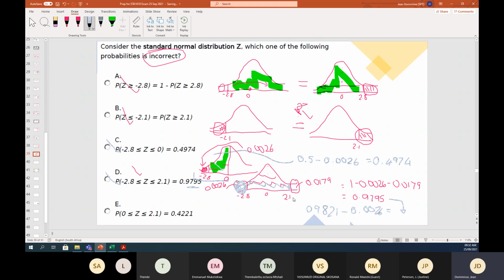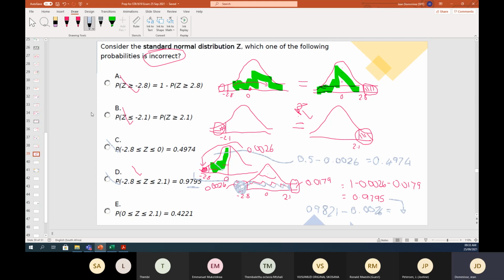But you can also say everything underneath a normal distribution needs to add to 1. So if I have that small part, I subtract those two from 1, I will also get the same answer. I just wanted to show both of these options, how to work it out.